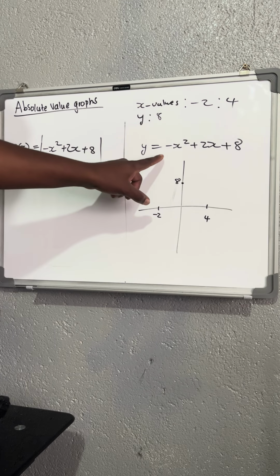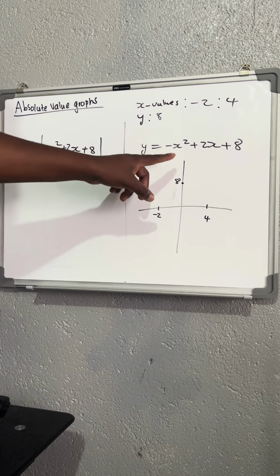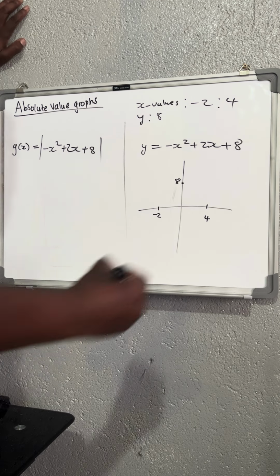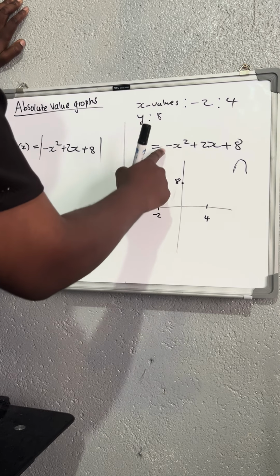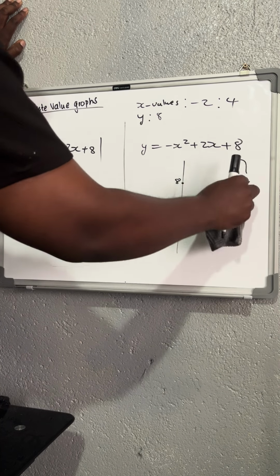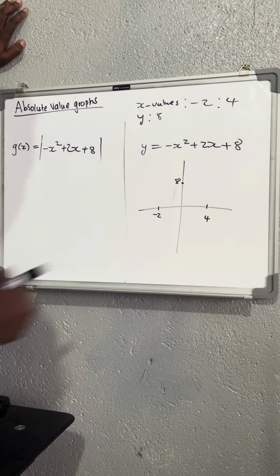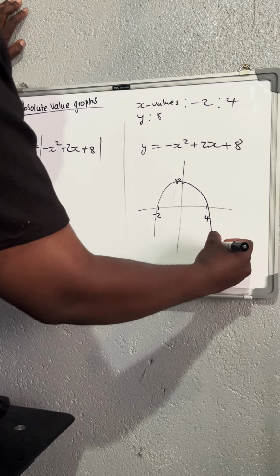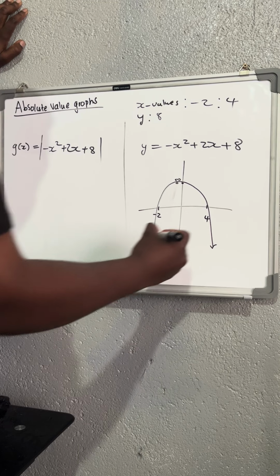This one is a parabola, but now it has a negative in front. It means it's going to be a frowning graph. If it had a positive, it would be a smiling graph. So now, it means you're going to draw a graph that looks like this.